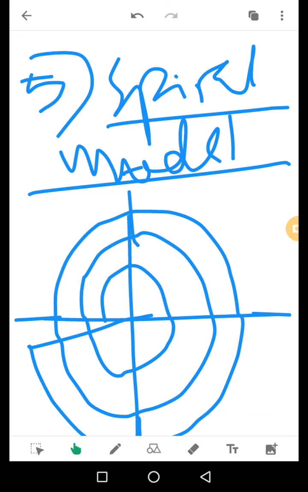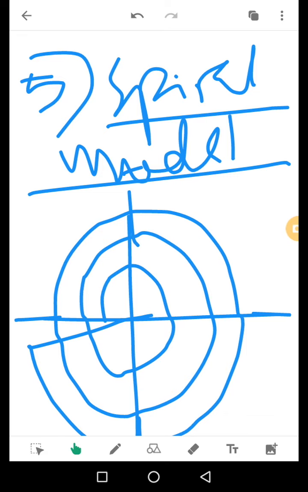We have the general model, the waterfall model, the V-shaped model, the incremental model, and the spiral model we just discussed now. So I think you have gotten one thing or the other. So we are moving to the next unit now, which is the requirements phase.